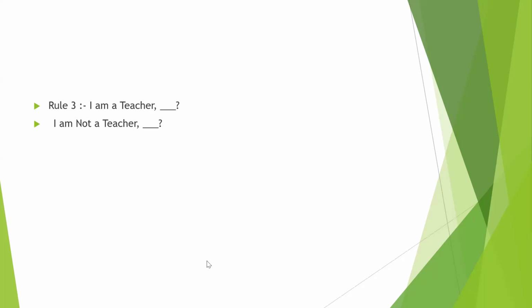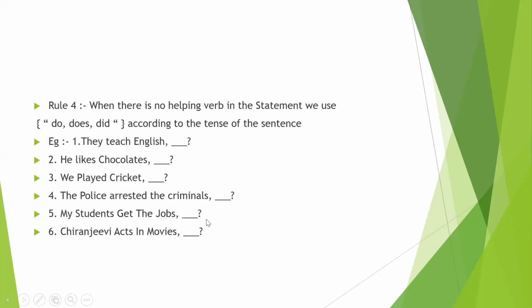Now let's see rule 4. Rule 4: when there is no helping verb in the statement, we use do, does, did. From rule 1, rule 2 and rule 3, we had a helping verb for the statement.